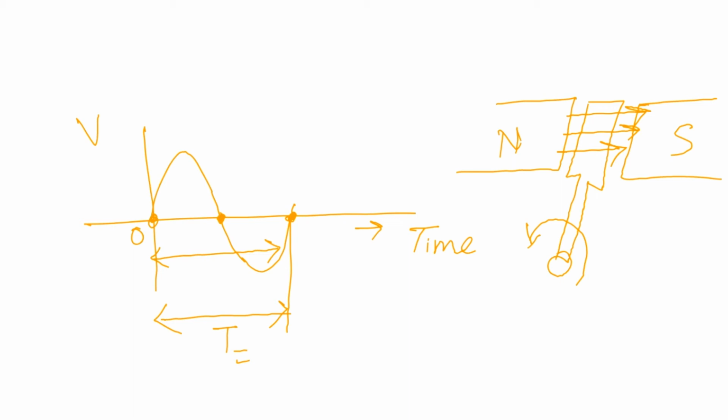The magnetic field passes through this rotor, and this rotor rotates in an anti-clockwise direction about its axis.